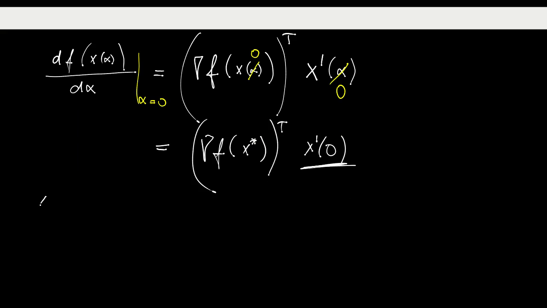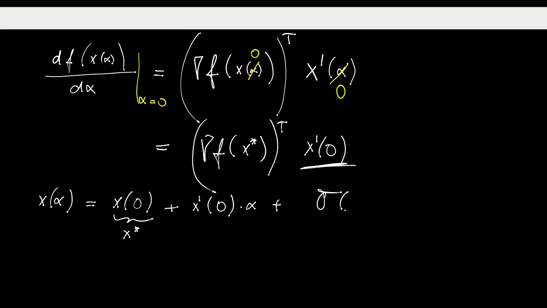You can see the interpretation clearly after expressing the first few terms in the Taylor expansion of x of alpha. So the first term is our stationary point plus x prime at 0 times alpha plus some higher order terms.